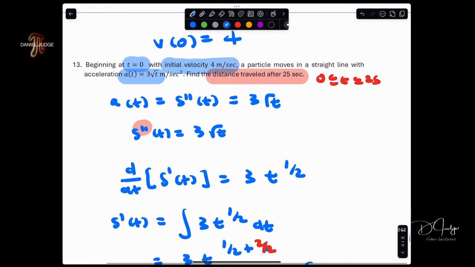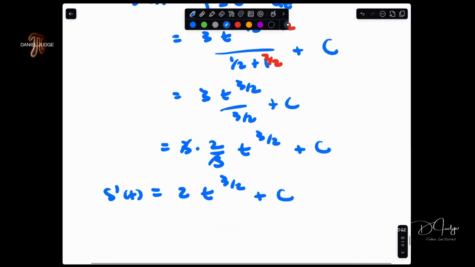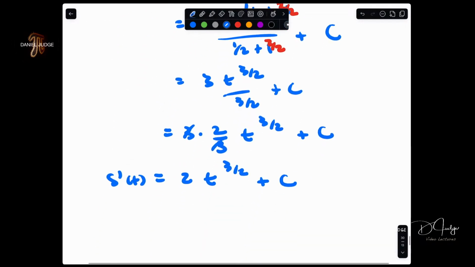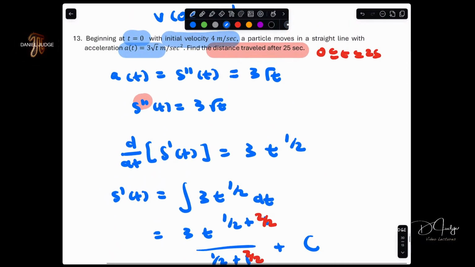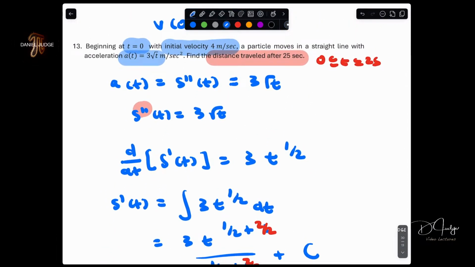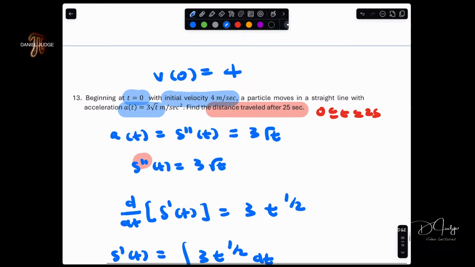So you might even say, well, what is distance traveled? Well, ladies and gentlemen, we're going to have to apply the condition here. S prime of 0 is 4, since that's the velocity, because velocity is the first derivative of the position function.